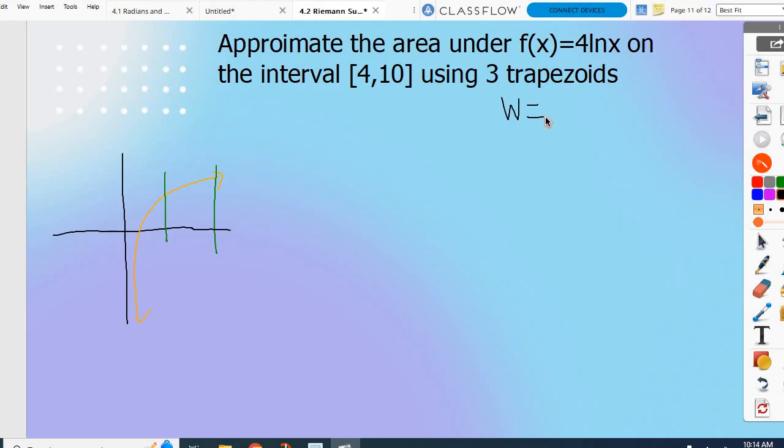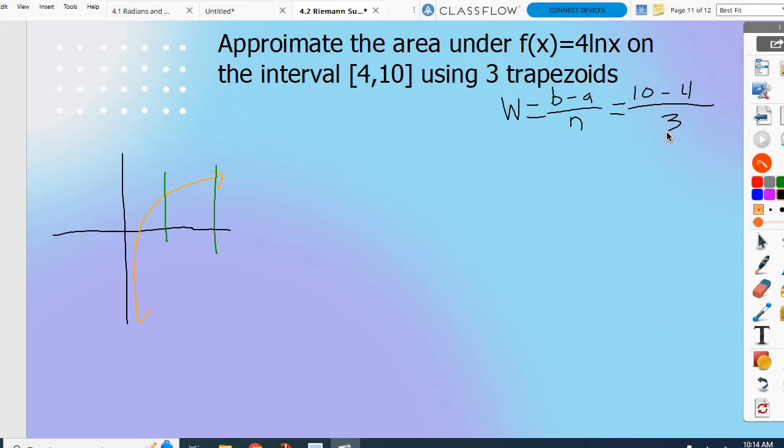So this time they did give us a specific number. So what was our formula? B minus A over N. So my B is 10, my A is 4, and my N is how many intervals or shapes we want. So in this case, that's 3.